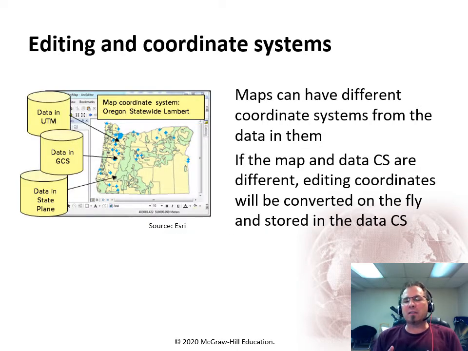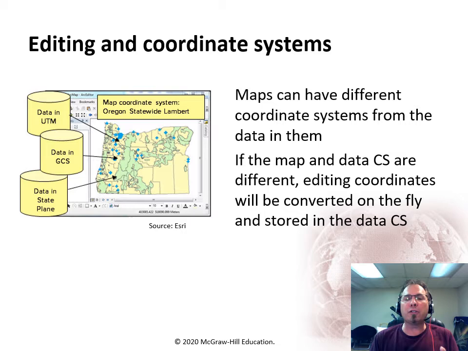Now, coordinate systems play a huge role in editing because you're changing the data from what it was originally, right? So you can have all different kinds of coordinate systems. We talked about this way back in chapter 4, right? Chapter 4? Yeah, they renumbered all the chapters. So in chapter 4.